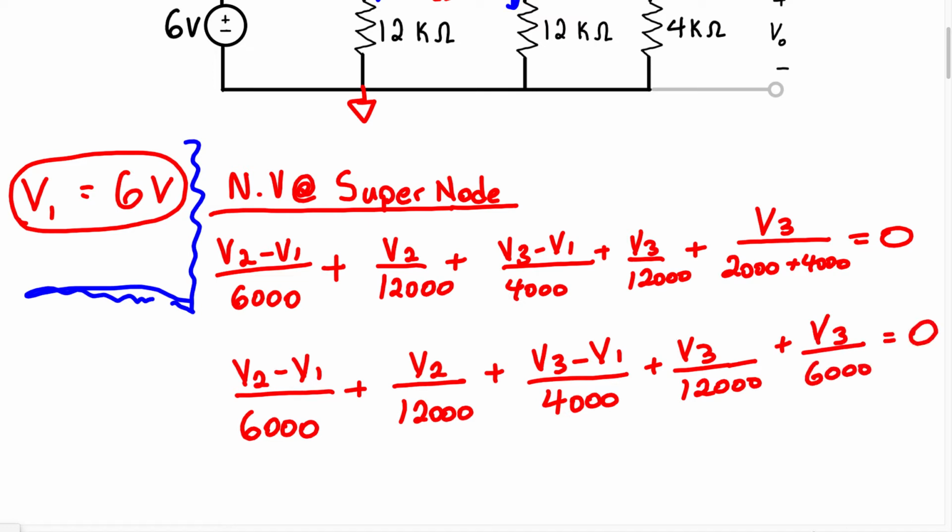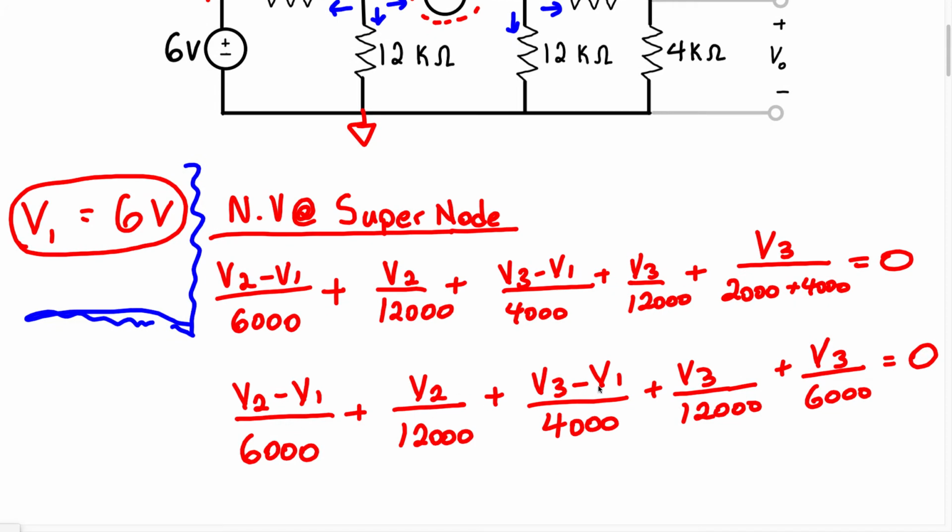Now that we have this, we can get rid of the denominators by finding the LCD. So we're going to multiply each term by 12,000.